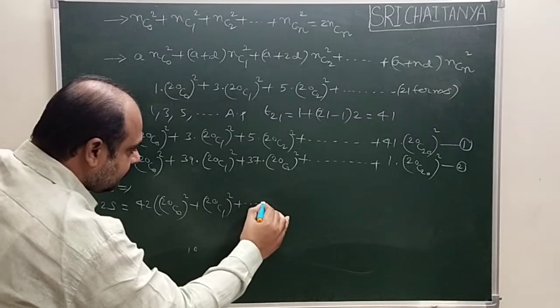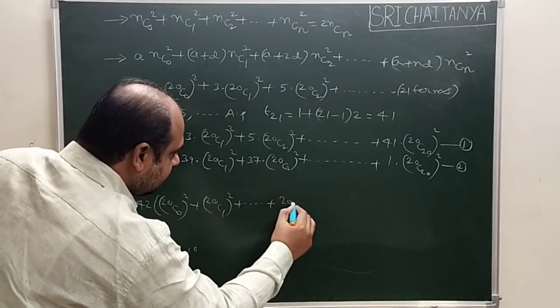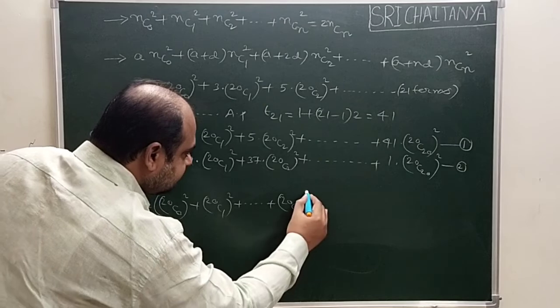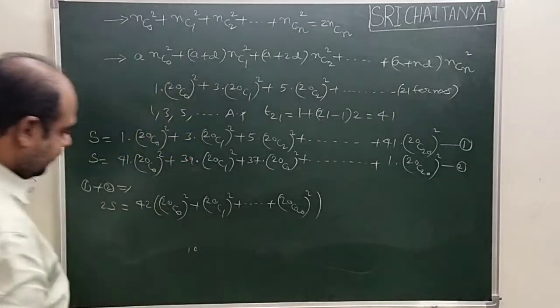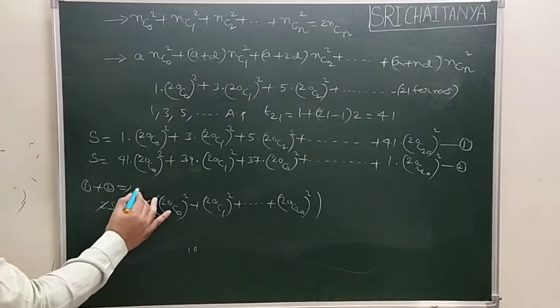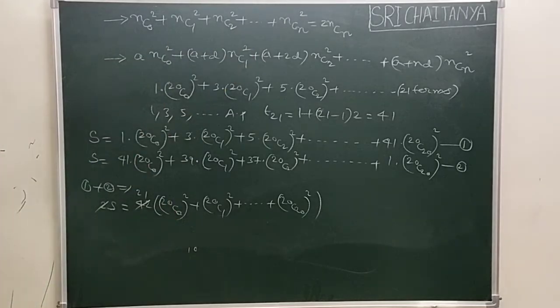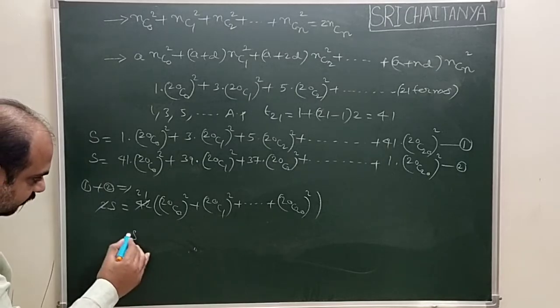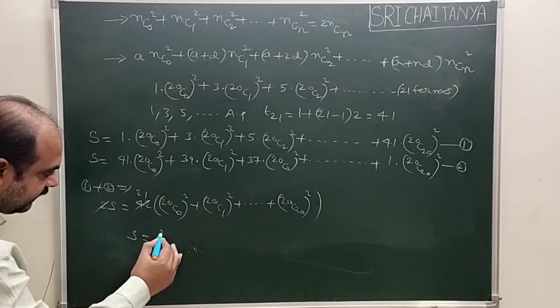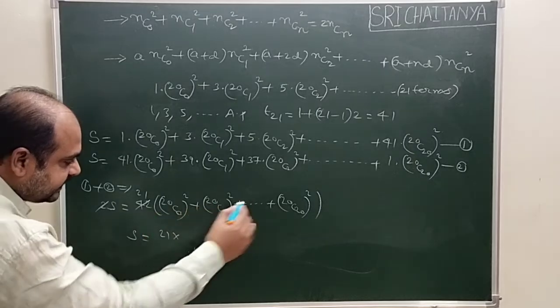Whole square plus and so on, 20c20 whole square. So what is the formula for this? nc0 plus nc1 square and so on, ncn square is what? 2ncn.